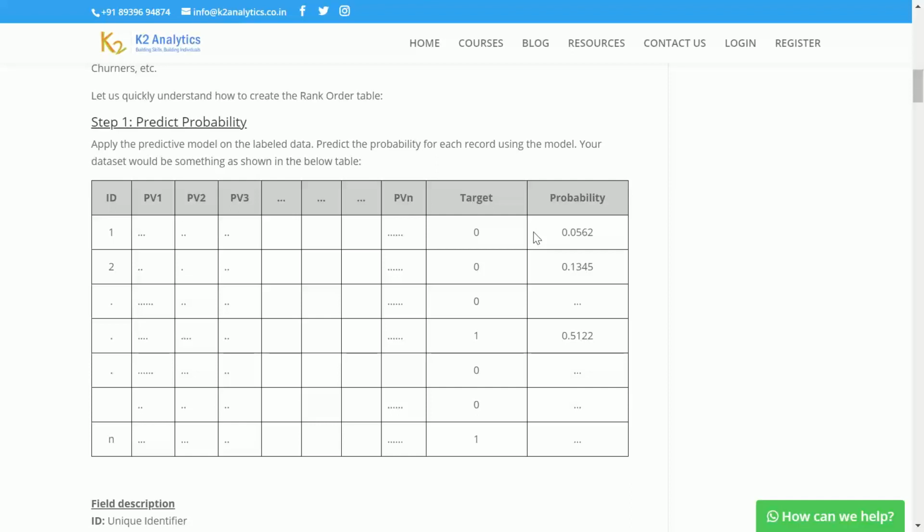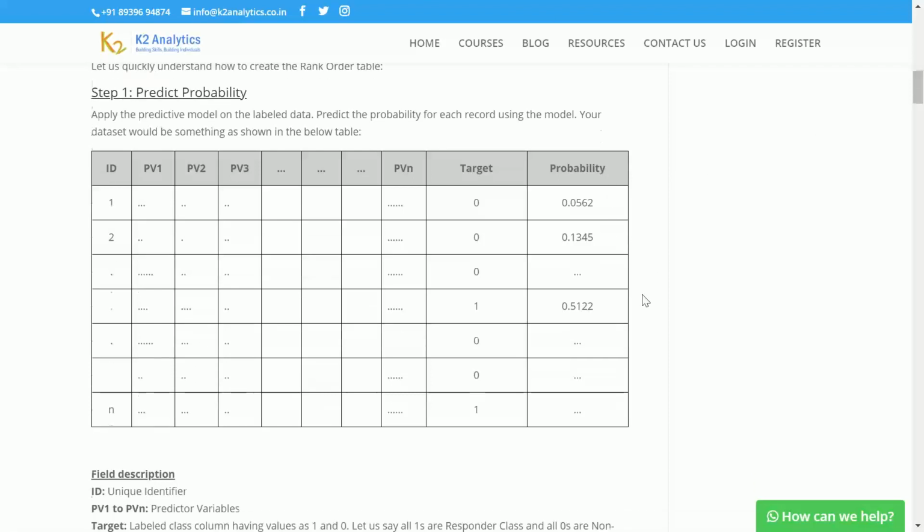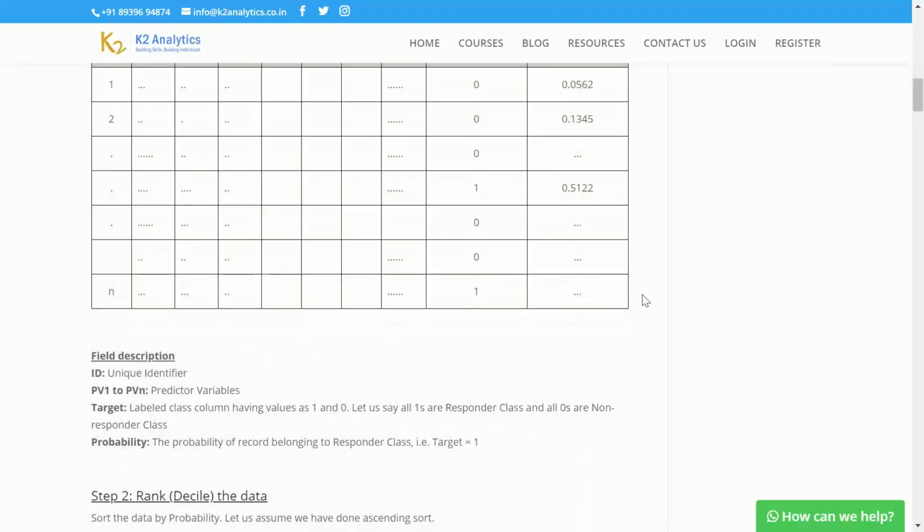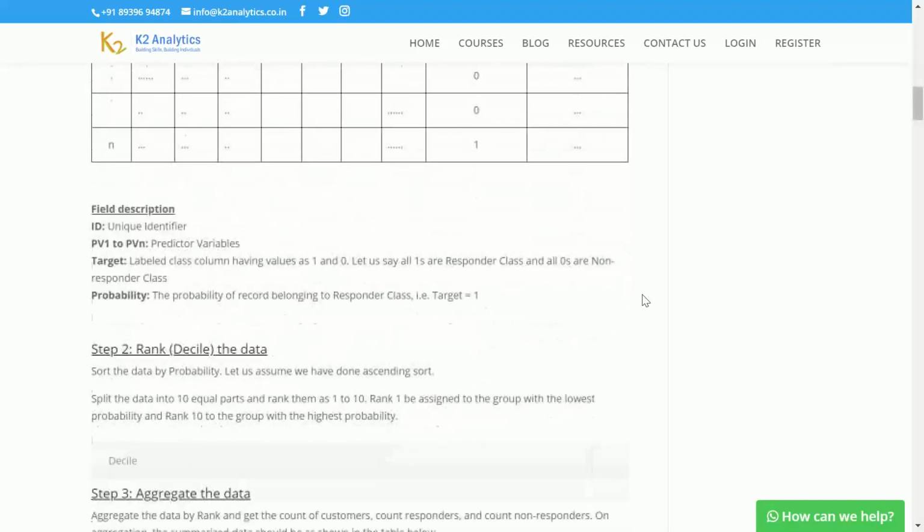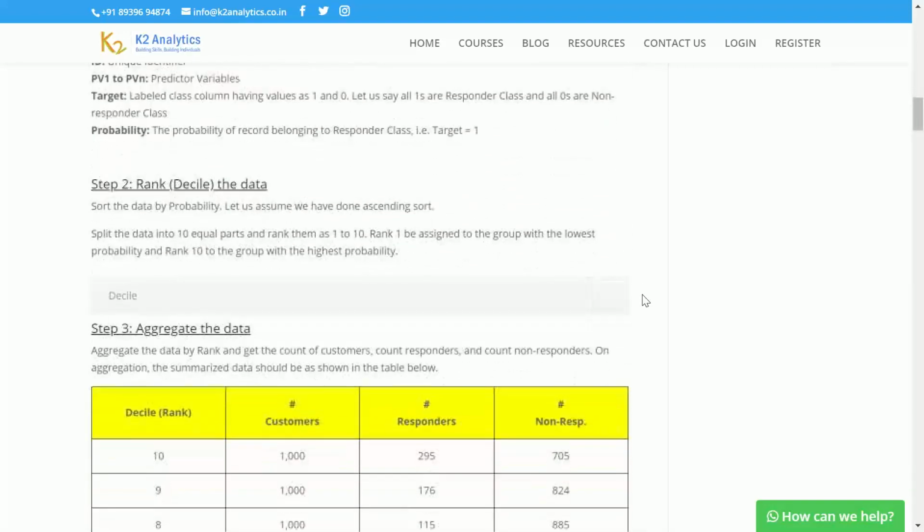So now, how good my model is depends on how my probability is related with the actual outcome, which is shown in the column target. Okay, we have got the probability. We now have to see how our probability is relating with the target.